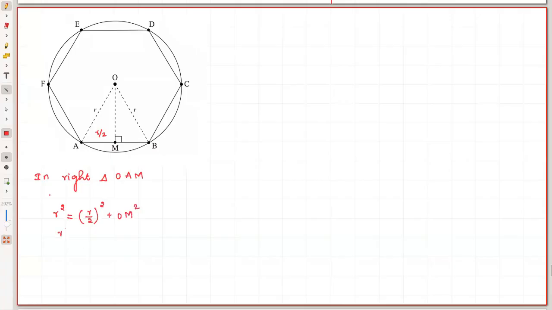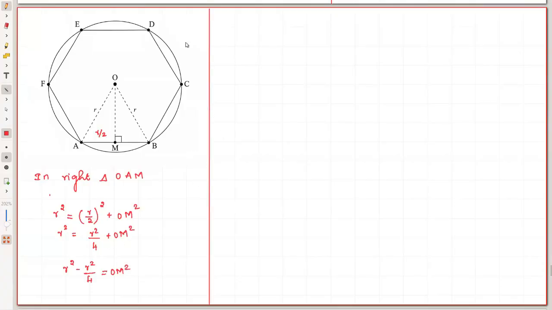We can write it as R square is equal to R square by 4 plus OM square. Now take this R square by 4 to this side. So it will become R square minus R square by 4 is equal to OM square. So we have to find the length of OM.